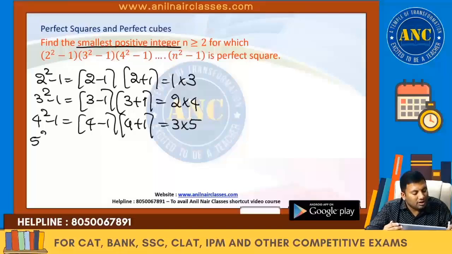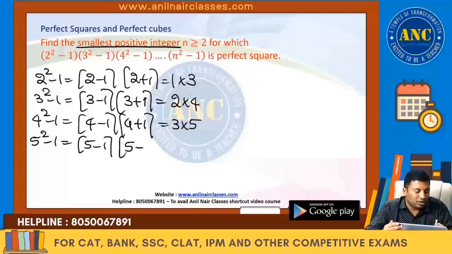Next one, 5 square minus 1 is nothing but 5 minus 1 into 5 plus 1, which is nothing but 4 into 6.